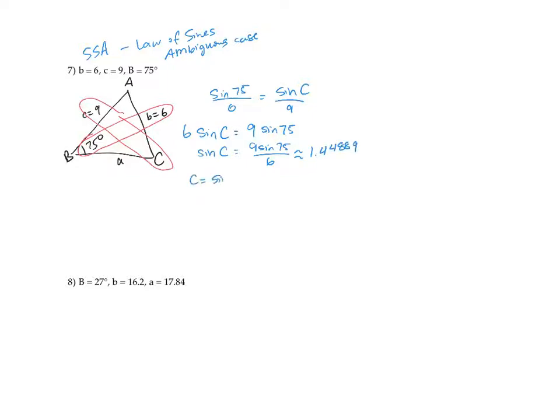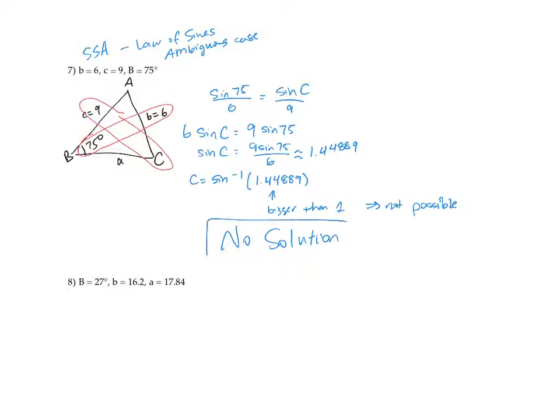So C is sine inverse of 1.44889. Now you can throw that in your calculator and see that you get an error, or just recognize that's bigger than 1, which is not possible, which means there's no solution. As soon as you get to that point, if you can't solve for that C, then you're done. No triangle can satisfy those conditions.